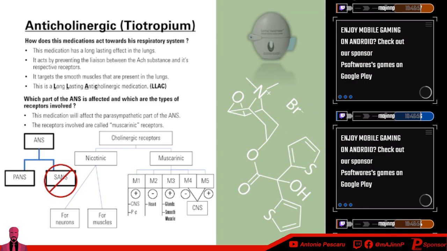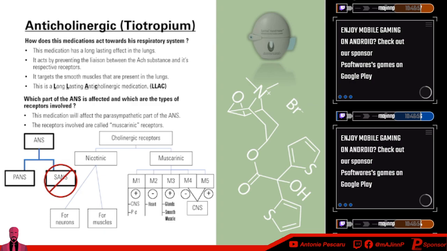Now, if we move on to M2, the M2 inhibits, as you can see, there's a minus sign, but it only affects the heart. So that's not a really interesting pathway, because we don't care about that for our patient suffering with his COPD symptoms. Moving on, we have M3.